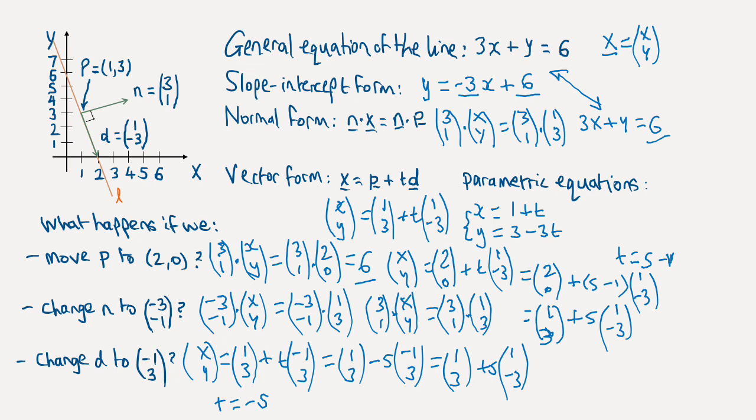So, in summary, there's various ways of writing the equation of a line in R2. We have the general equation, we have the slope-intercept form, we have the normal form, we have the vector form.